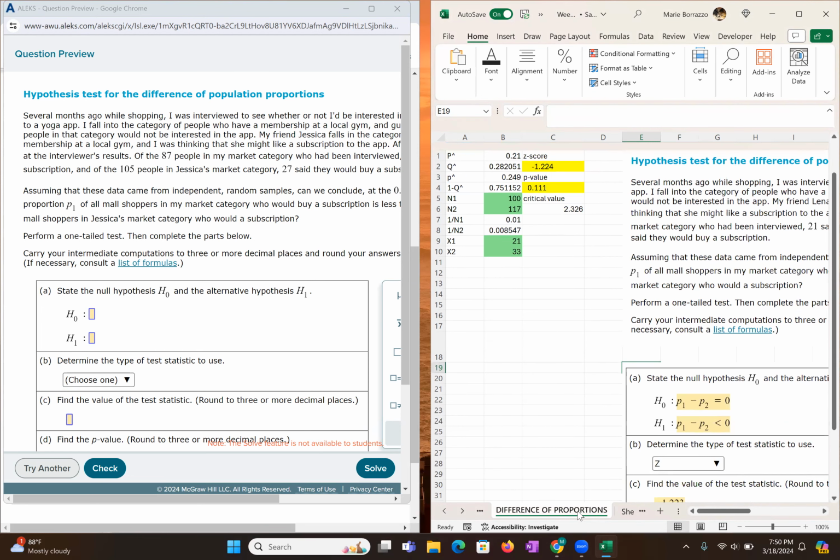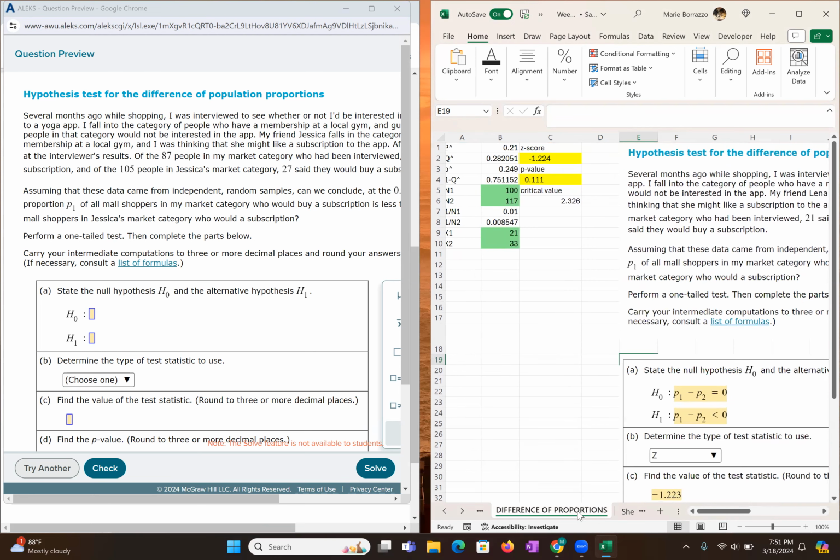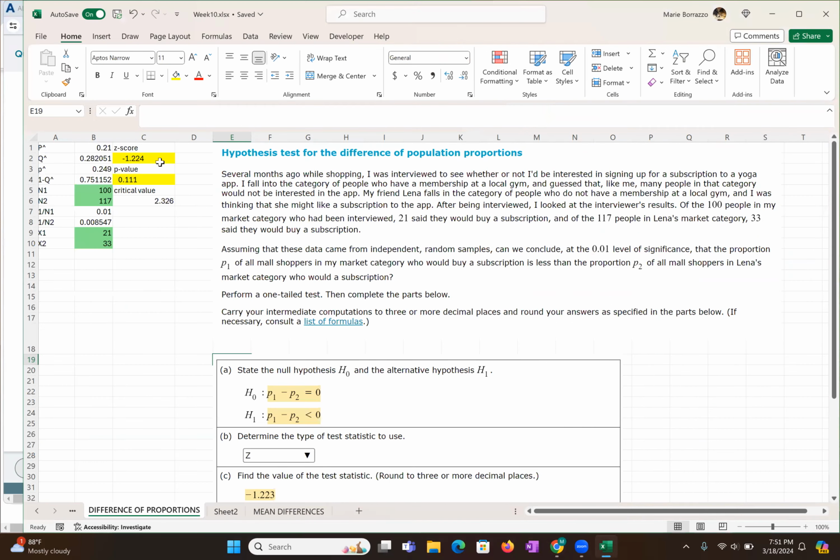Difference of proportions. I have a sample question here. I can actually use this one instead. There's nothing different here. You use the values that are given to you. So in this case, you have 21 out of 100.